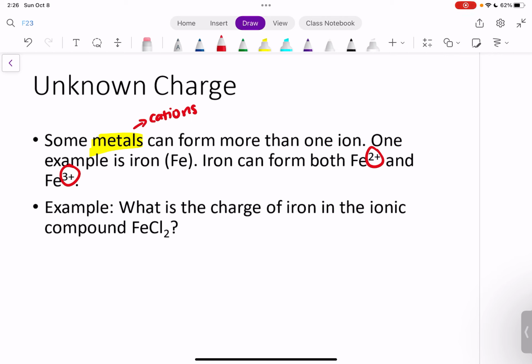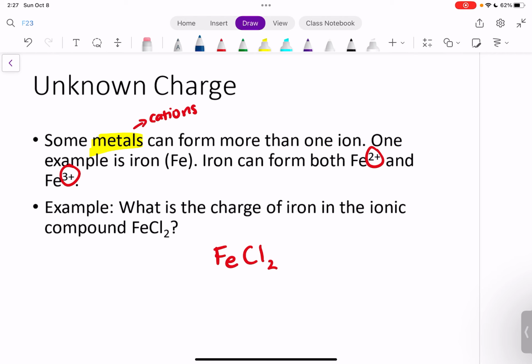So for instance, if we have FeCl2, first off, let's think about what this is. There's no number here, so we're going to assume we only have 1. So that's 1 iron bonded to 2 chlorines. Now for chlorine, does chlorine form different charges?